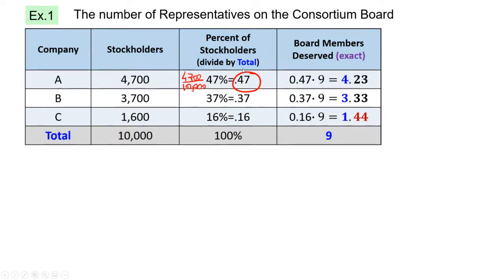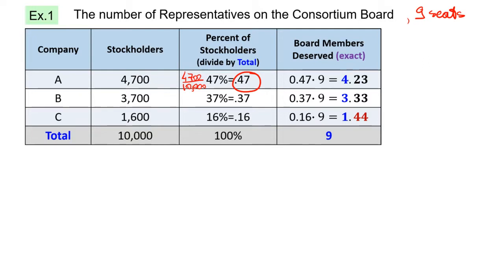So we assign 9 seats in the consortium board. So we take the percentage, 0.47, and multiply by 9. We get the exact number of board members deserved. You see, it's a fractional number.